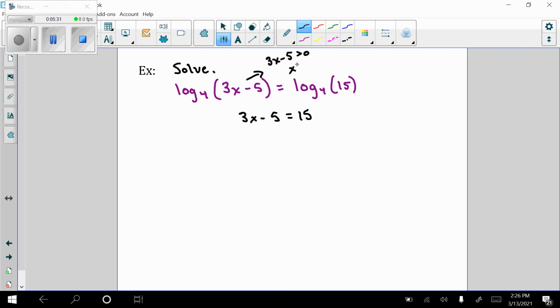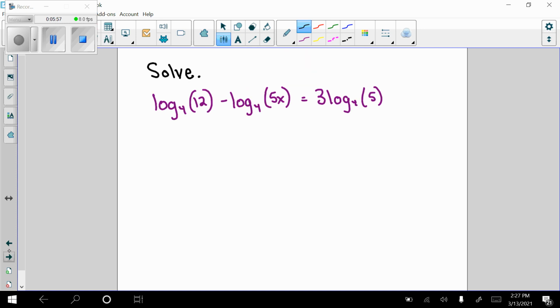So x has to be greater than 5/3 when I get my final answer, or it's extraneous. So I'm going to add 5, divide by 3, and x equals 20 over 3, which is greater than 5/3. So that answer should be just fine for that one.